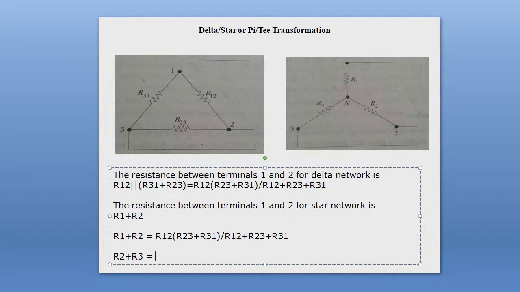Similarly, you can write the parallel combination of resistance R23, and also the sum of resistance R12 and R31. So similarly R2 plus R3 equals R23 into the sum of R31 plus R12, divided by their sum, R12 plus R23 plus R31.